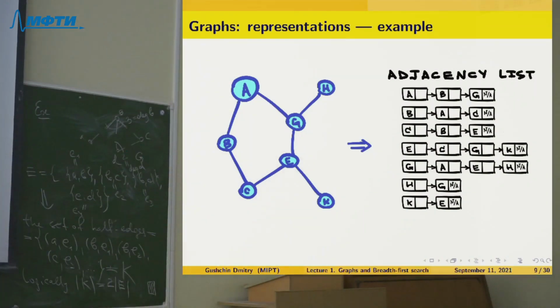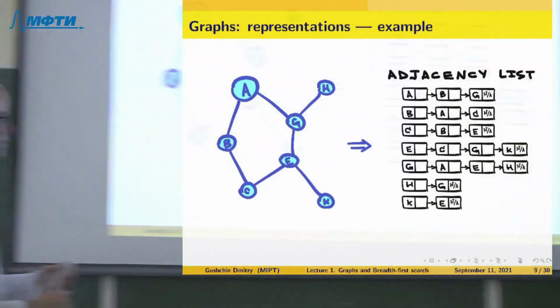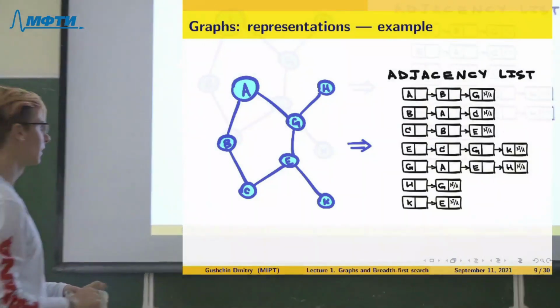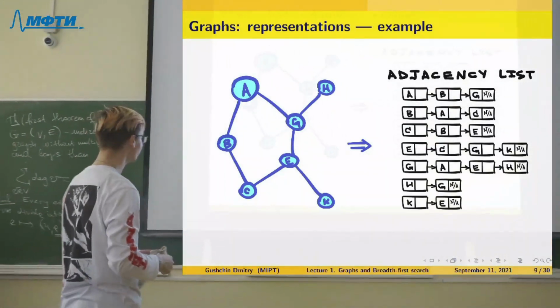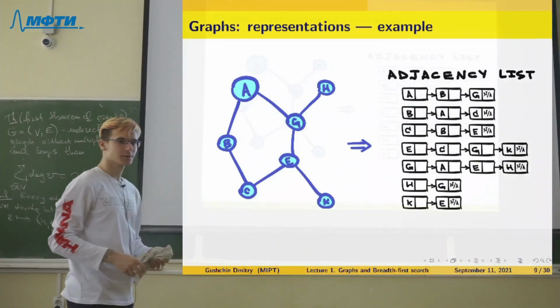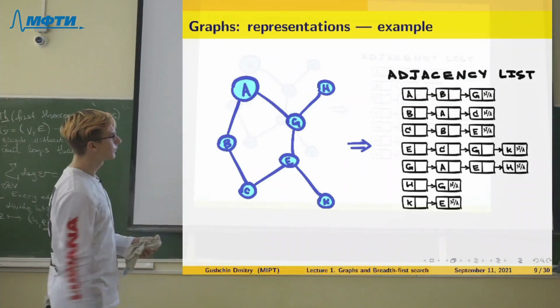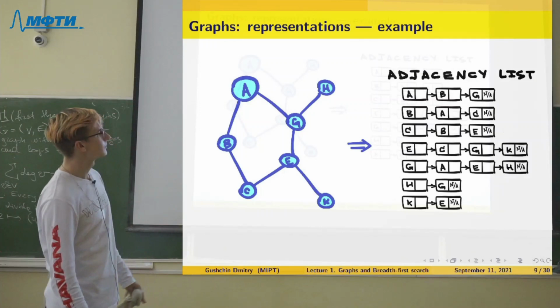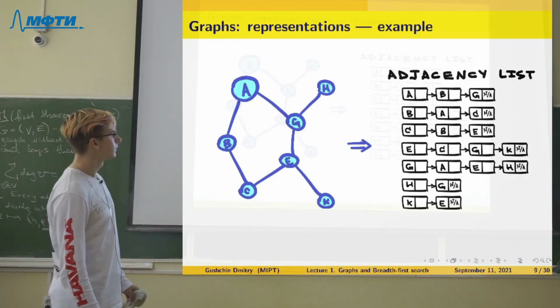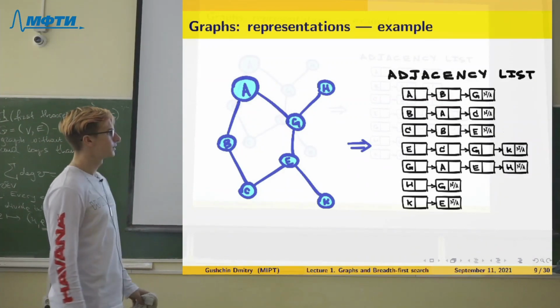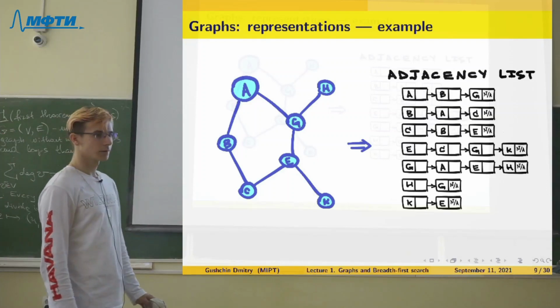So, of course, we return to our question: what is the space complexity of an adjacency list? It's equal to O of the number of vertices plus the number of edges, okay? Because in each row we see the number of nodes is equal to the degree of the vertex plus 1, yeah?